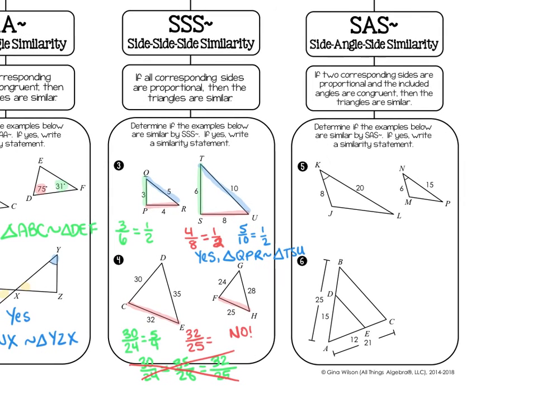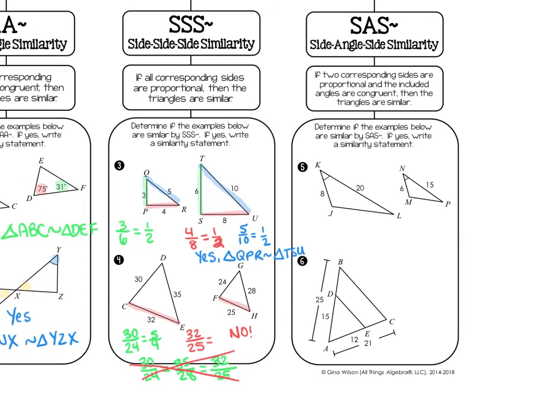Now, side angle side similarity is very similar to the congruent triangle postulate for side angle side congruence, except instead of saying the sides that form the angle are congruent, we see whether those two sides are proportional. So we state it like this: if two corresponding sides are proportional and the included angles are congruent, then the triangles are similar. So let's take a look.